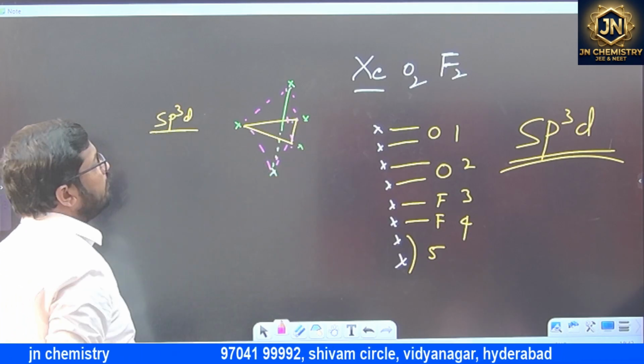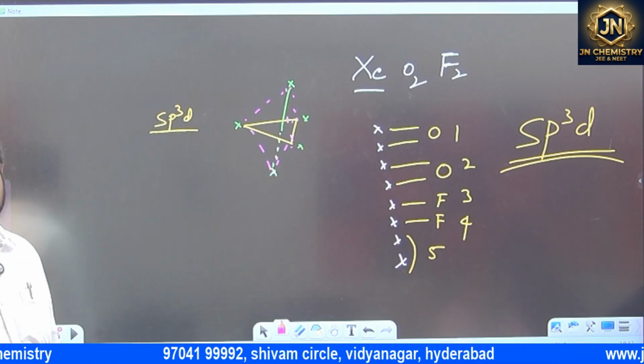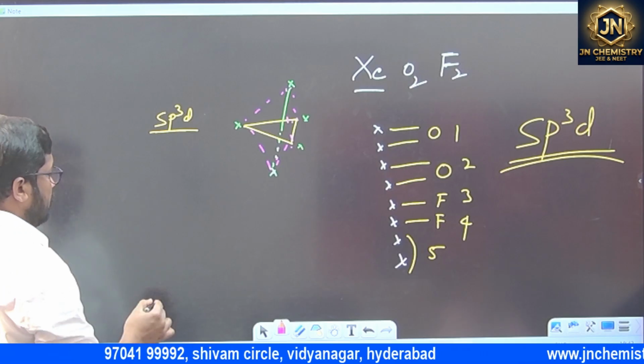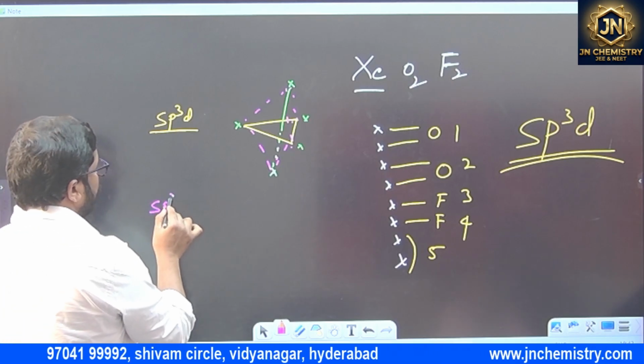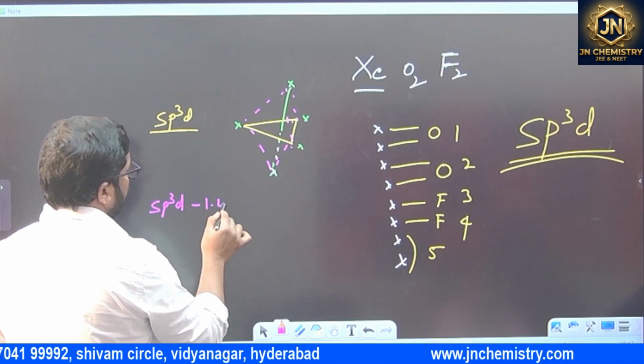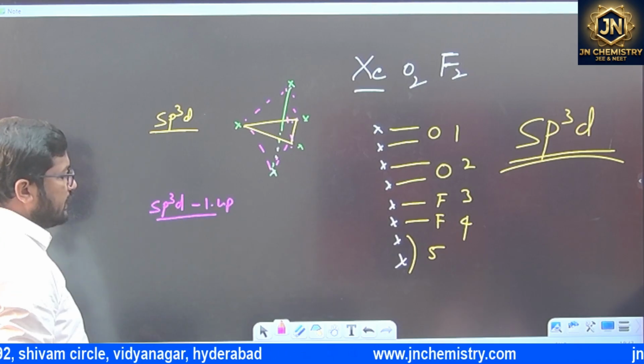Trigonal bipyramidal. sp3d with one lone pair. sp3d with one lone pair.